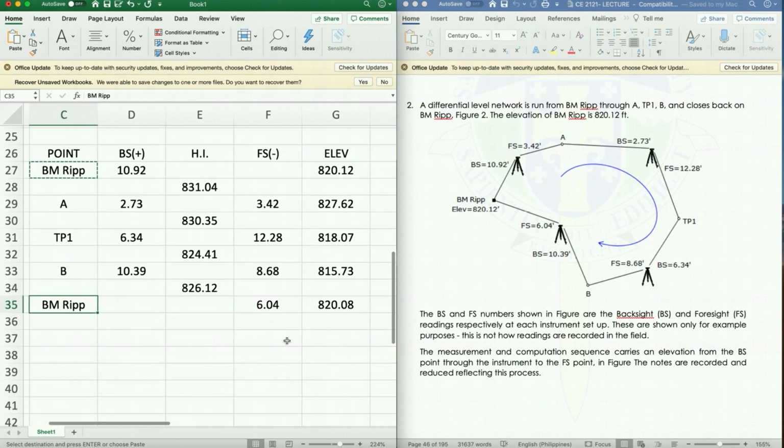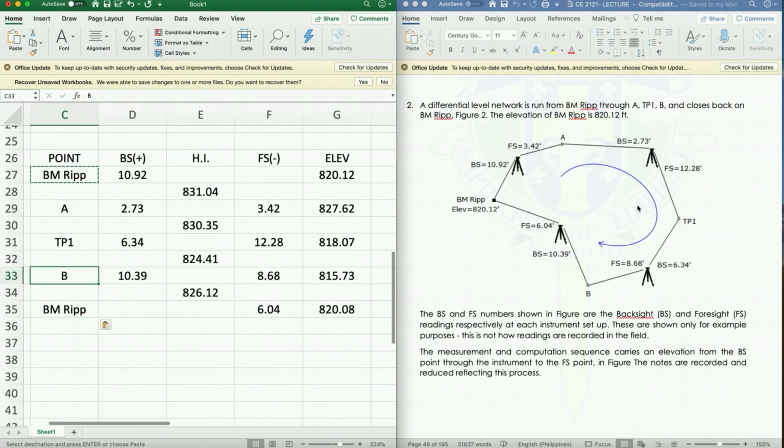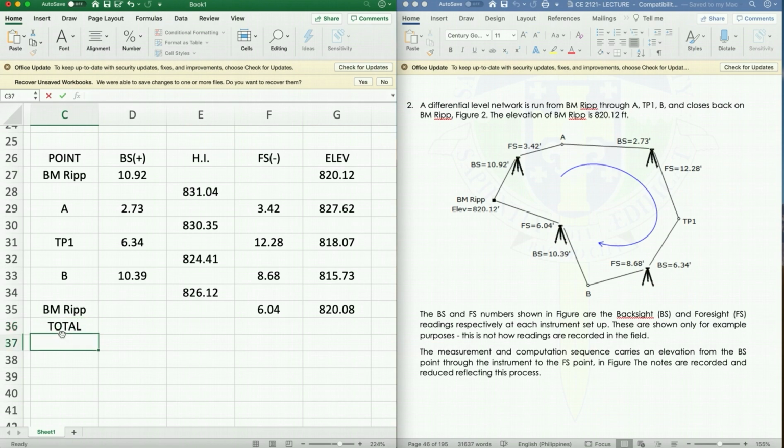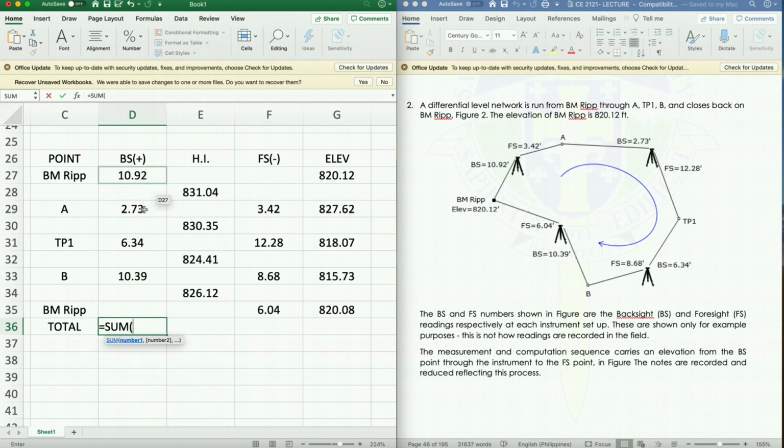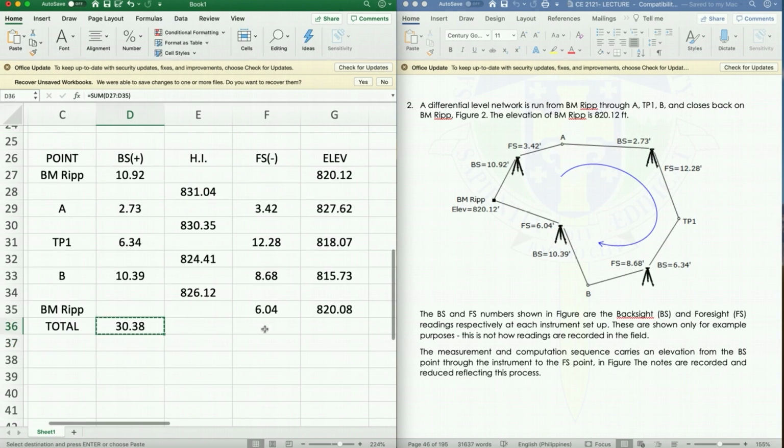Okay. So we can get the sum. By the way, there is also another way of solving. We can get the sum from this point to this point to this.